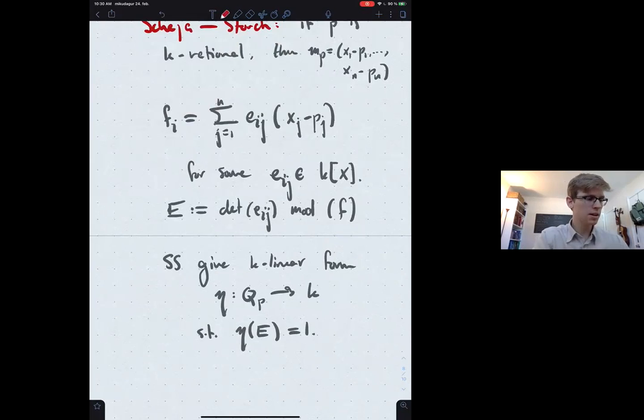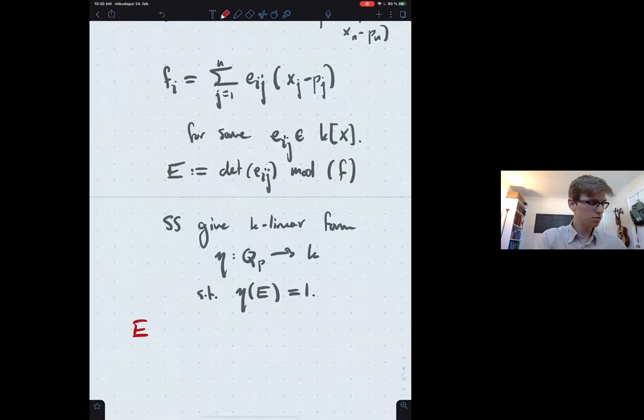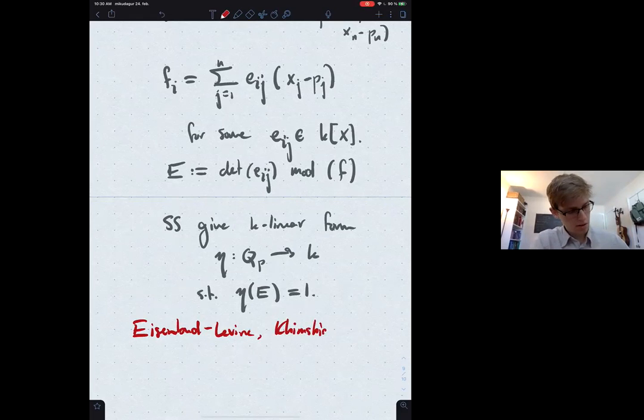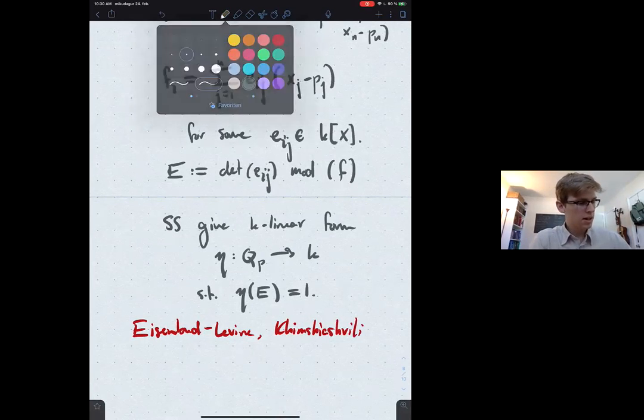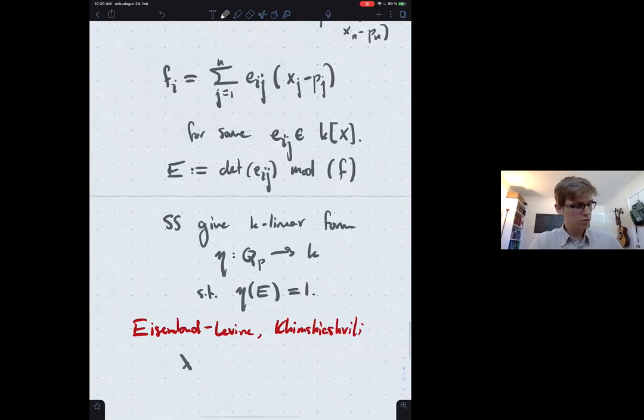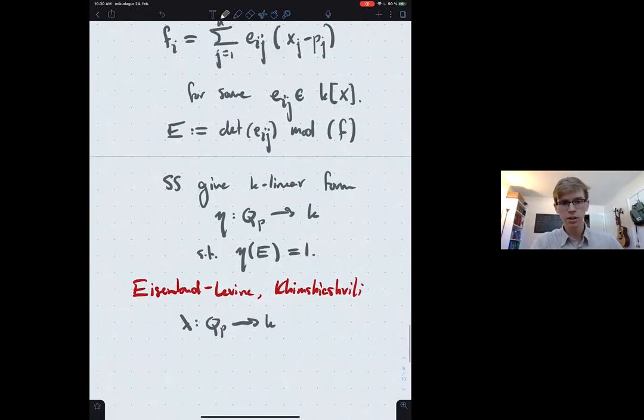And the next step is a result of Eisenbud-Levine and independently Khimshiashvili. They say, take any linear form, so it doesn't have to be eta, but take any linear form satisfying lambda of E equals 1.